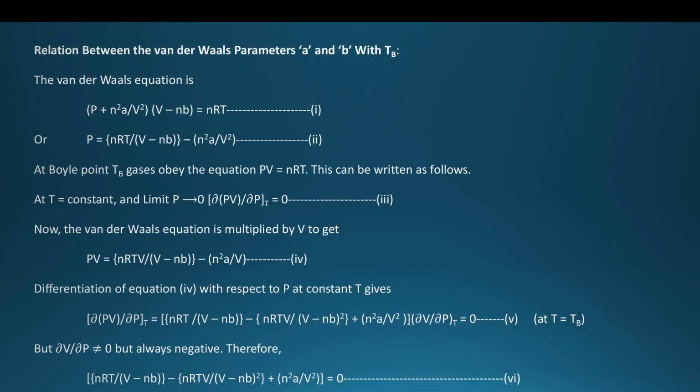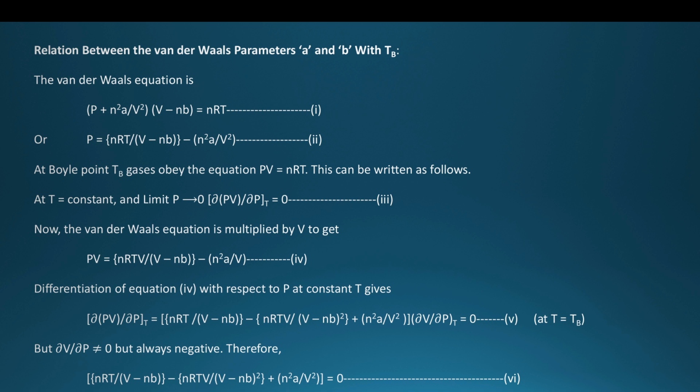Differentiation of this equation with respect to P at constant T gives the equation shown below. Del PV over del P at constant T equals nRT over V minus nB, minus nRTV over (V minus nB) squared, plus n squared A over V squared, times del V by del P at constant T. Here T refers to Boyle temperature.